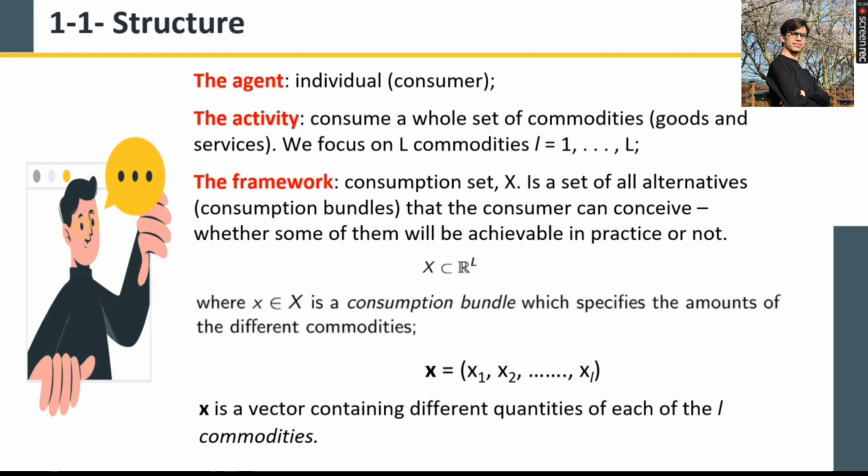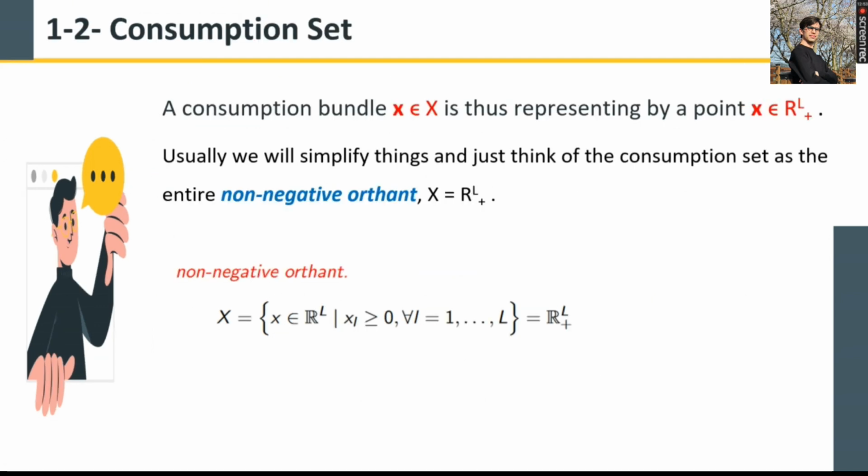The L dimension can be L number of goods here. Then x is a vector containing different quantities of each of the L commodities. That's why we use a bold x, which shows the vector notation. And also here, the consumption bundle, which we call bold x, as a vector, is an element of capital X, which is the consumption set.